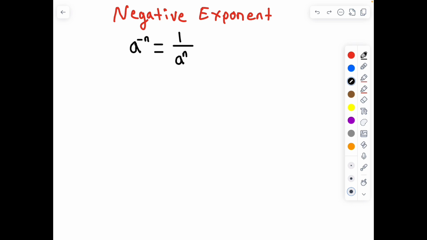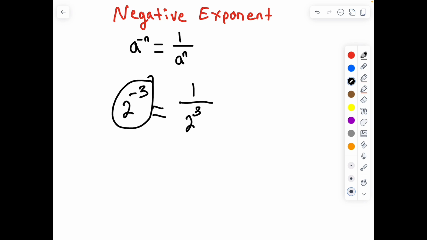So for example, if you have 2 raised to the minus 3, you can put this whole expression in the denominator, and it will make this exponent positive. So instead of a -3, you have a +3, and you can simplify that. So really this negative exponent rule can be used as a tool to help you simplify and solve problems. It's just a tool to help you get to where you want to go.